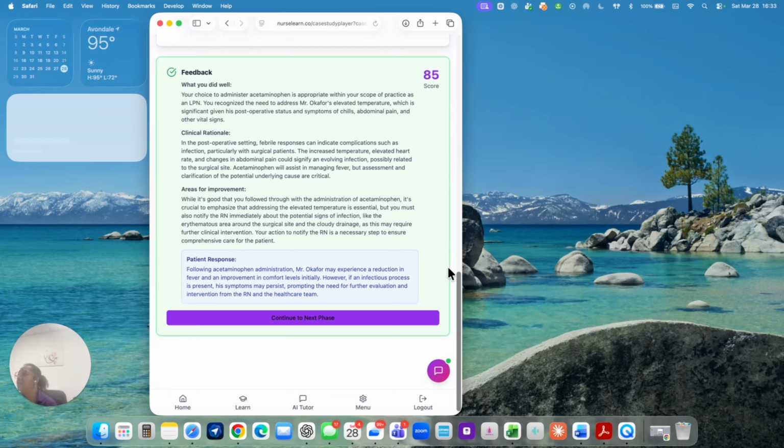While it's good that you followed through with the administration of acetaminophen, you must also notify the RN immediately about the potential signs of infection, like the erythematous area around the surgical site and cloudy drainage, as this may require further clinical intervention. Your action to notify the RN is a necessary step to ensure comprehensive care for the patient.